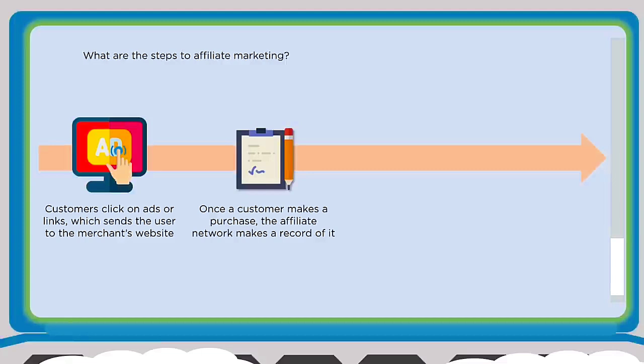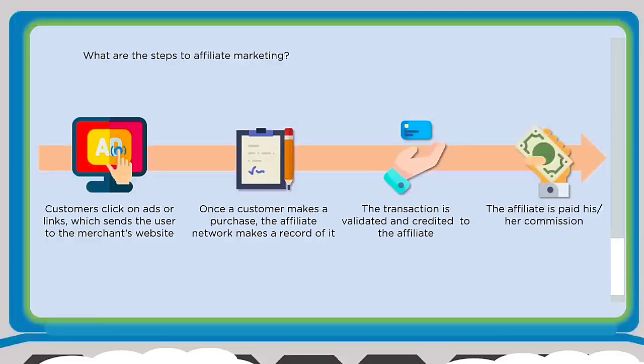They're tracking not only traffic from the affiliate website to your website, but also the conversions. The transaction is validated and credited to the affiliate by the broker, and then the affiliate is paid his or her commission. So that's how it works. The more the affiliate sells or converts on your behalf, the more they're going to make. And that's the beauty of the affiliate network.